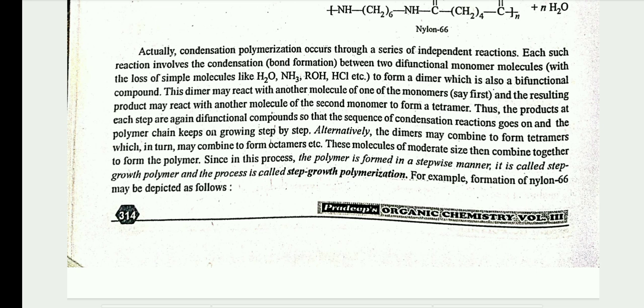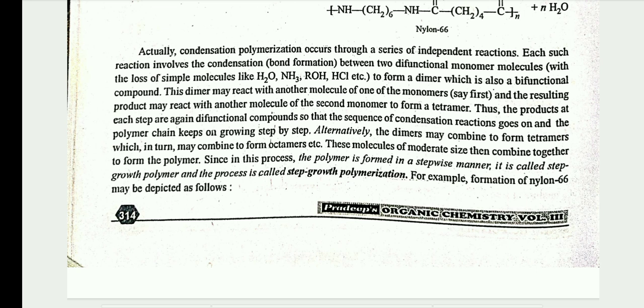Alternatively, the dimers may combine to form tetramers, which in turn may combine to form octamers, etc. These molecules of moderate size then combine together to form the polymer chains. In the process, the polymer is formed in a stepwise manner. It is called step growth polymer, and the process is called step growth polymerization.